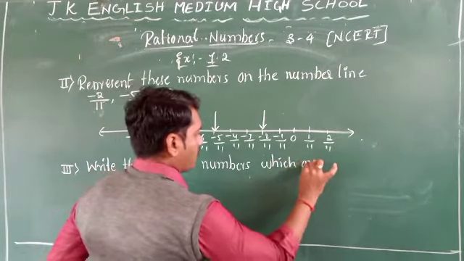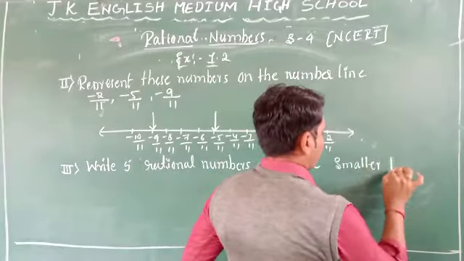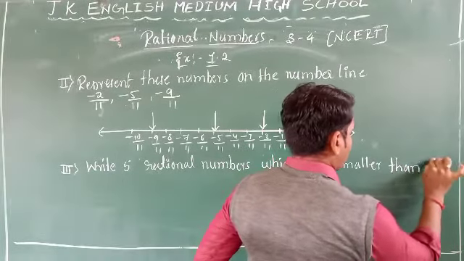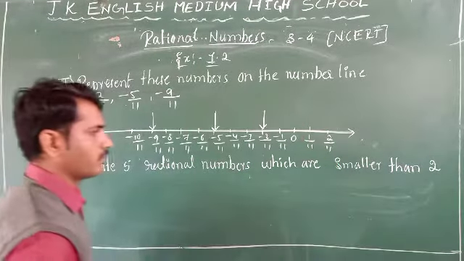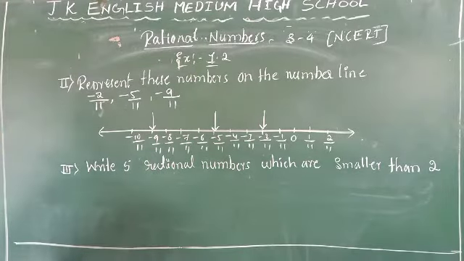How many rational numbers? Write 5 rational numbers which are smaller than 2. Correct? Okay. So how to start?